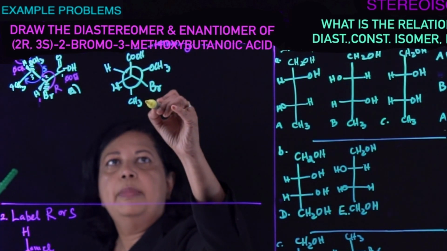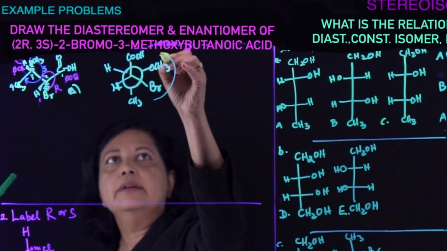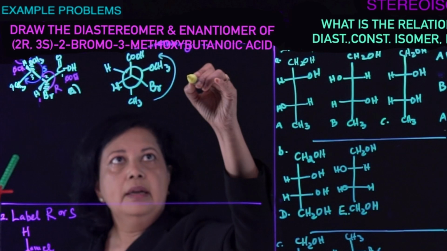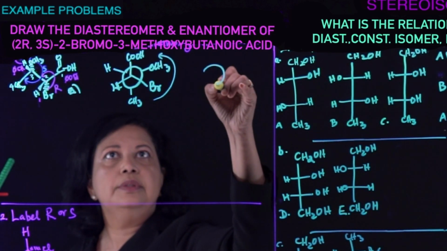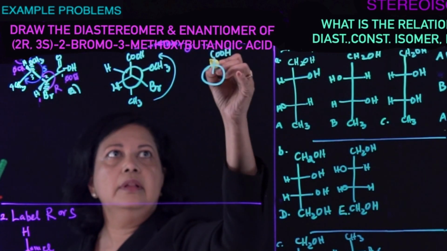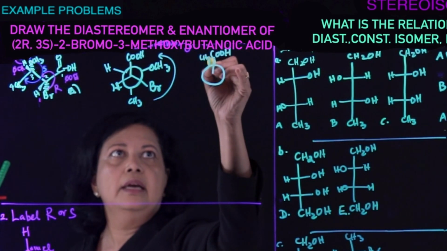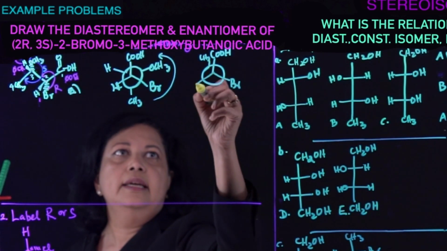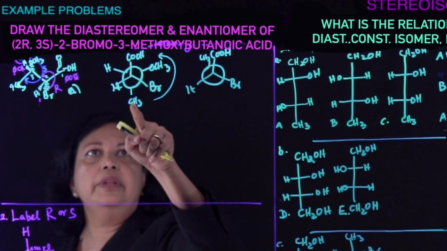So rotate the back carbon 180 degrees. And so that is going to give you a molecule where you have carboxylic acid and the methyl being eclipsed. The front carbon was not rotated. The back carbon will have everything 180.